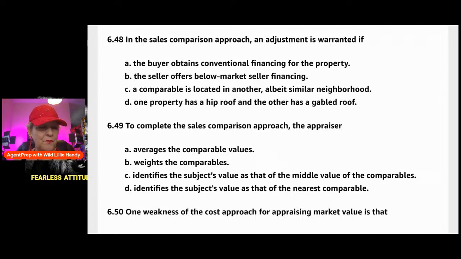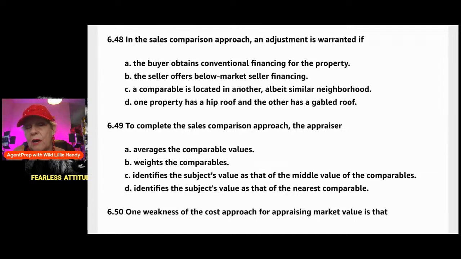So the principal factors for comparison and adjustments are time of sale, location, physical characteristics, and transaction characteristics. So transaction characteristics is it a cash sale, a cash purchase, financing, seller financing? What the appraiser is going to look at when determining the appraisal, right?